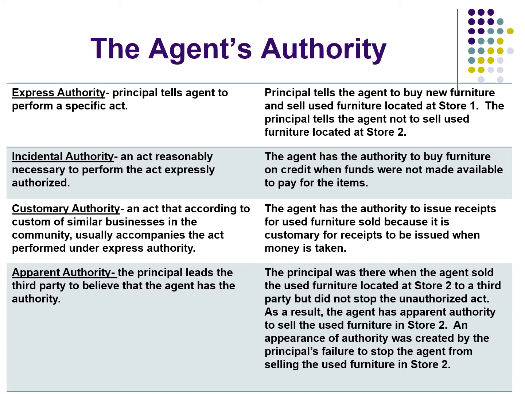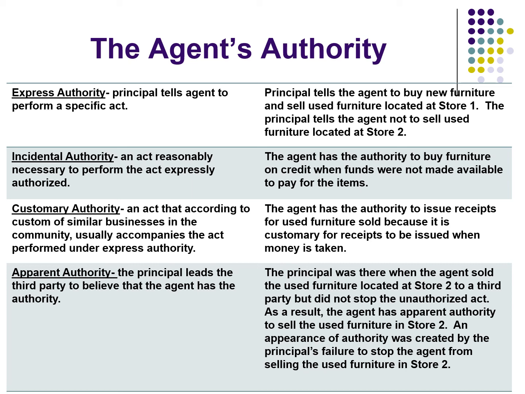Ratified. As a result, the agent, as it relates to the third party, has the apparent authority to sell used furniture in store 2. An appearance of authority was created by the principal's failure to stop the agent from selling the used furniture.